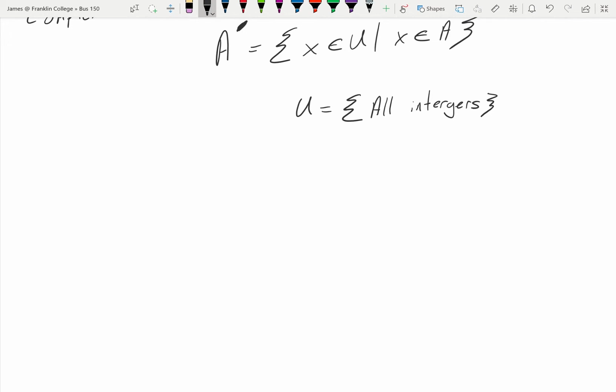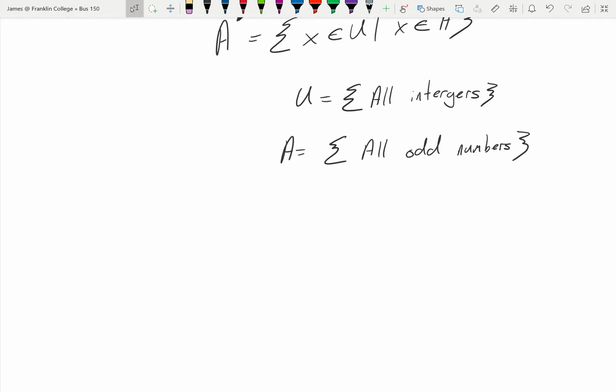So let's assume that is the universal set, and that set A is all the odd numbers. Then we know that the complement of A is all the even numbers.